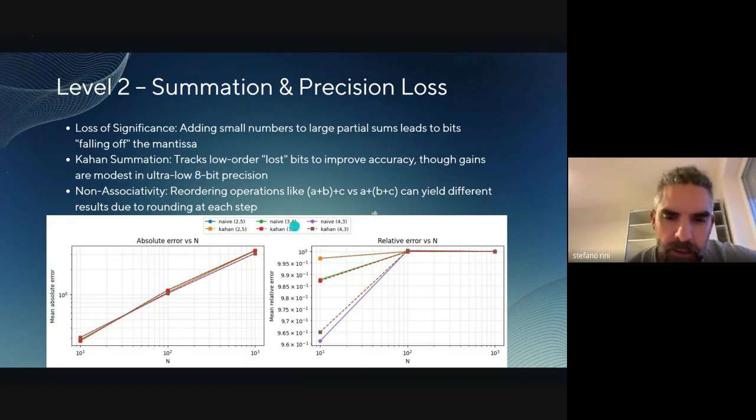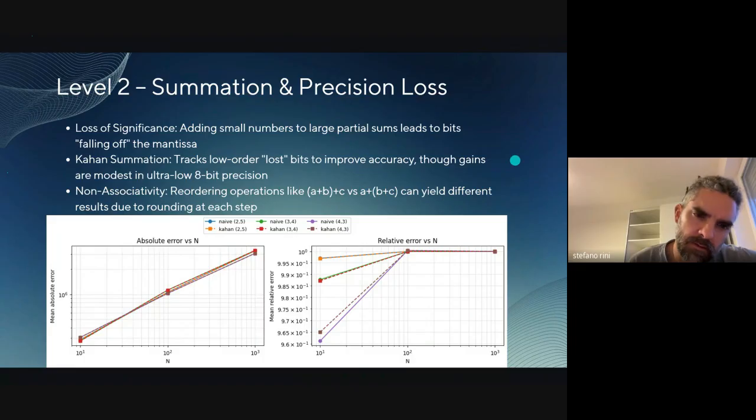Is it 2, 5? Okay, so that's mantissa, exponent: 2,5; 3,4; 4,3. Okay, good. So in the absolute error, you see that it grows, but you don't see a big difference between the different approaches. They're all growing linearly.